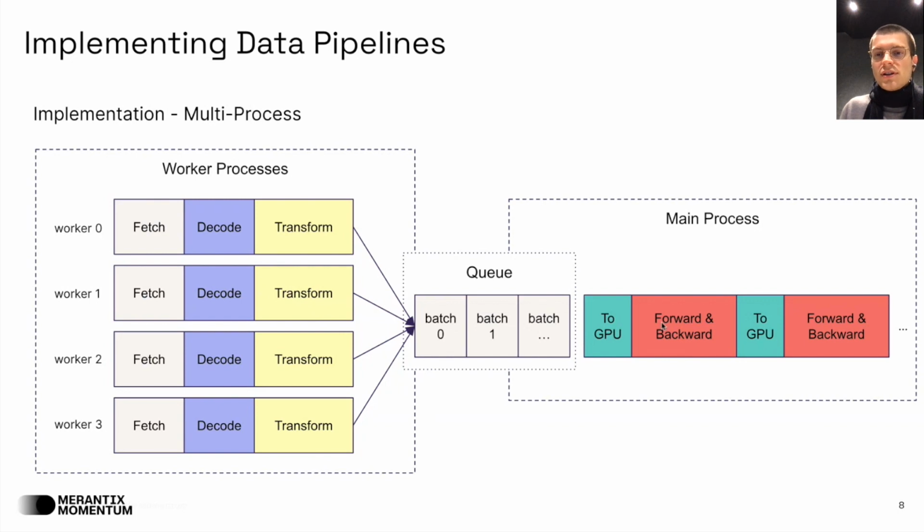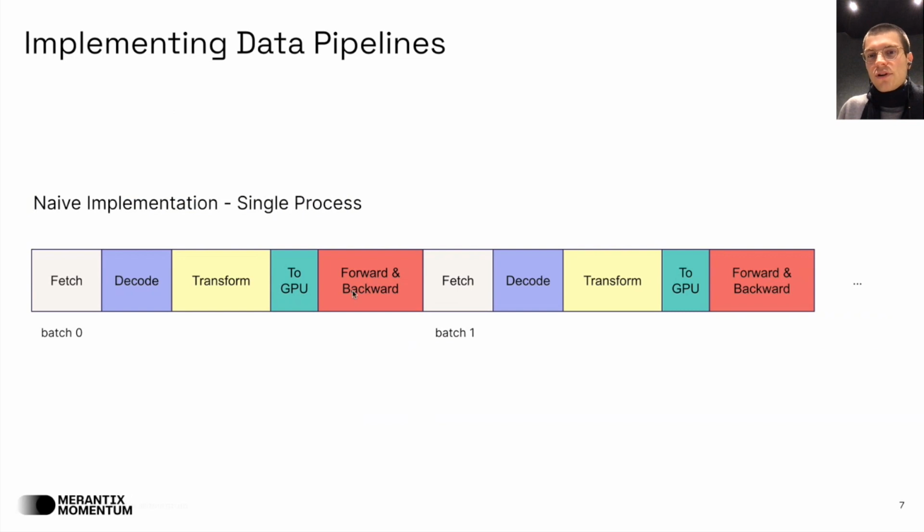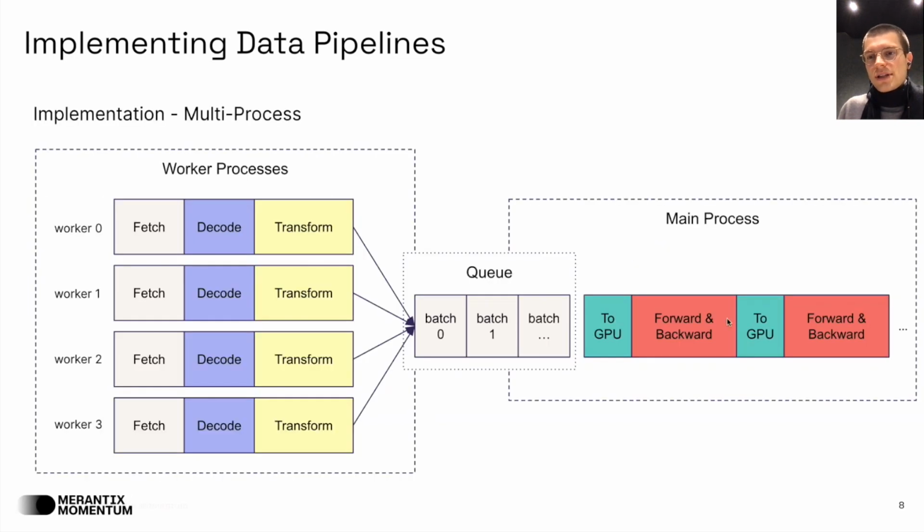And now you can see we greatly reduced the time difference between these red blocks from the slide before to the slide after, where we get more things happening on the GPU.